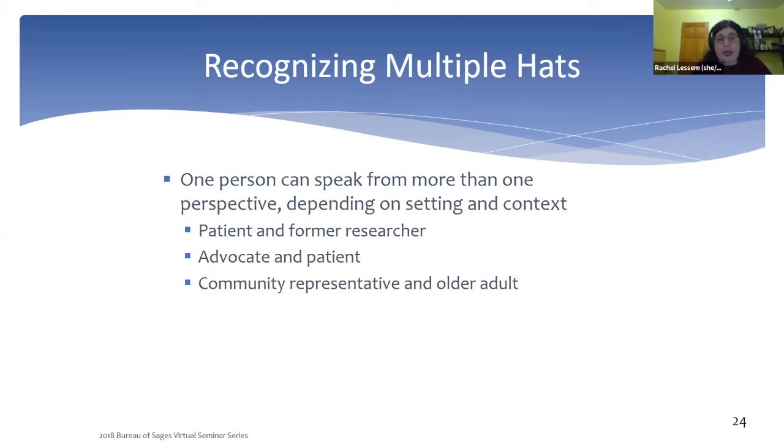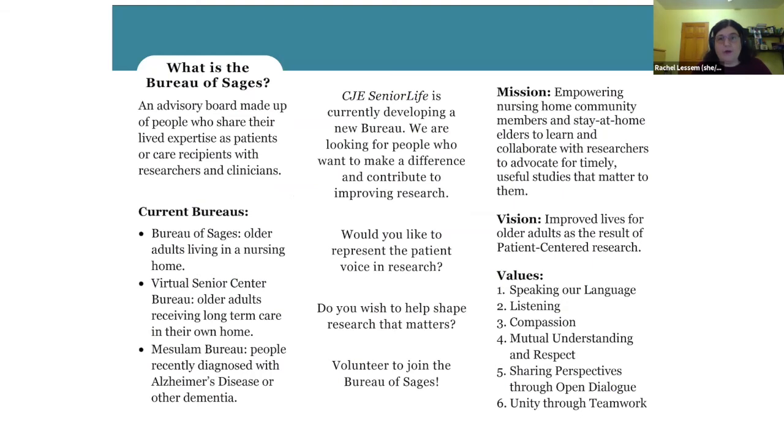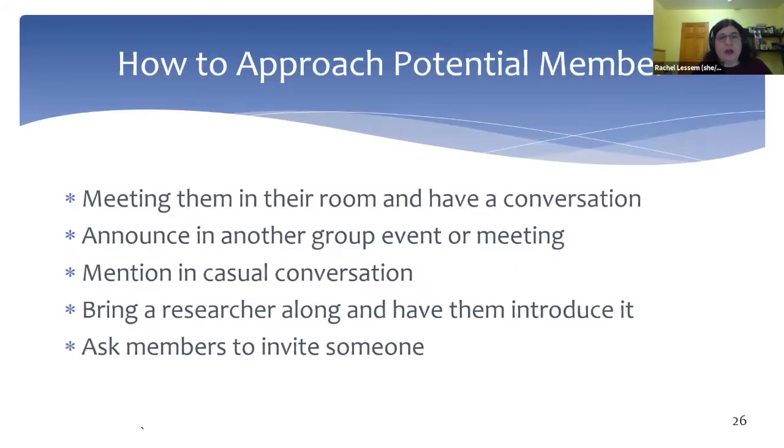For example, we have members who had experience living in assisted living before they came to long-term care, and their views and comparisons between those experiences is often very helpful as well. Here is another example from the SAGE resources. That's a two-sided brochure, really, that can also be used to help recruit members.